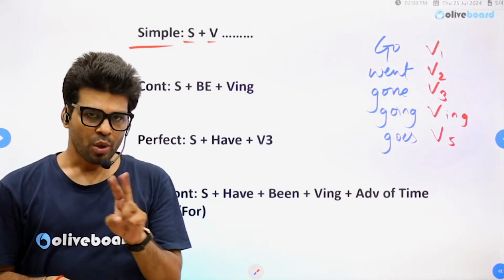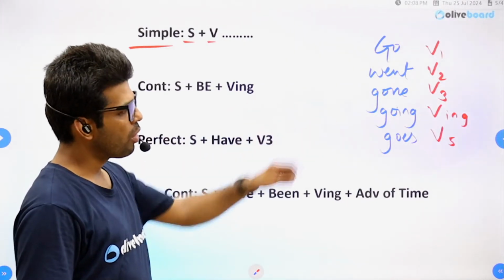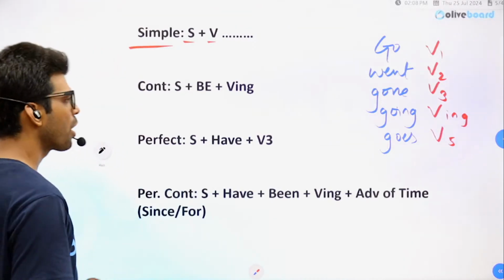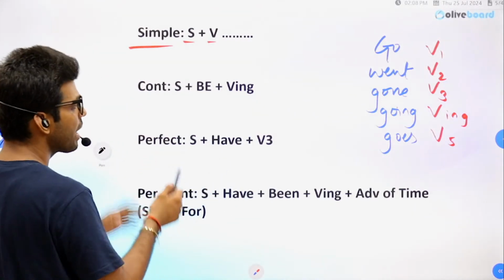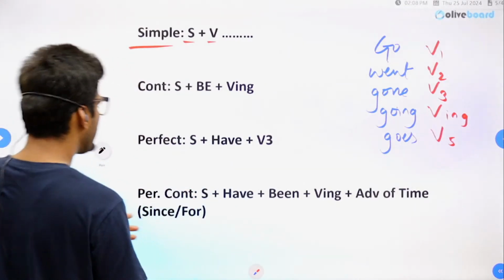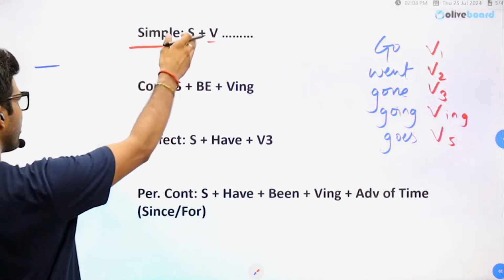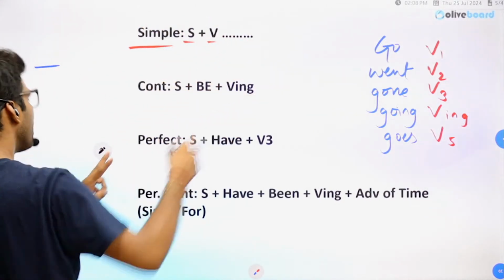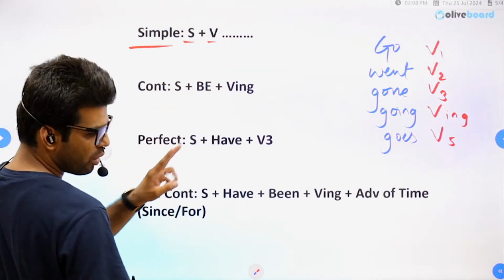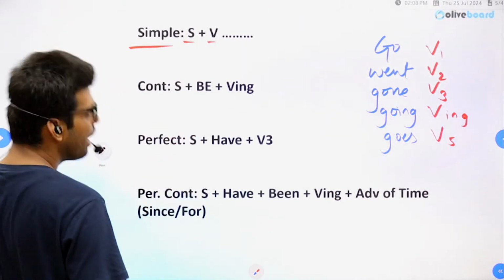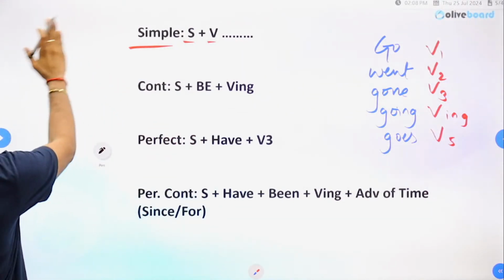Only 2 are left now, either the third form or the fourth form. Now I need auxiliaries because I have 10 tenses remaining. I repeat, in present indefinite you get V1 plus S/ES, 2 verbs gone. In past indefinite you get V2, so 3 verbs gone, only 2 remaining. 10 tenses are remaining. So I need some help.